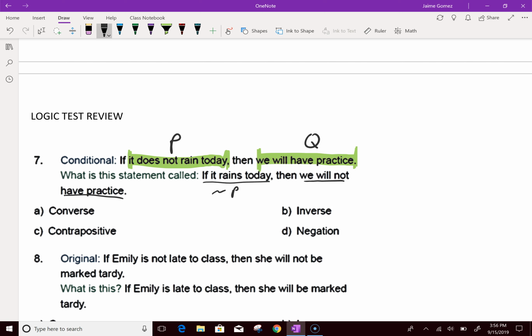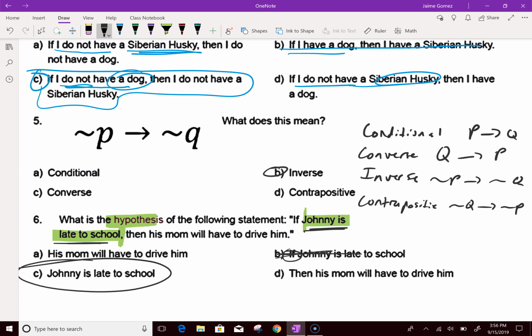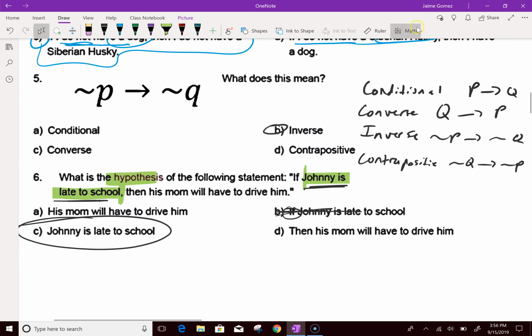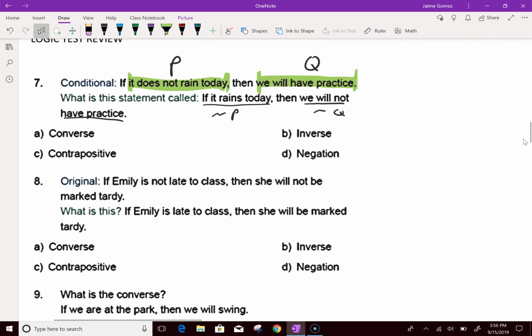If you have practice and you add the word not, that is not Q. Which one is not P, not Q? There you go. Right here. Not P, not Q. Exactly what we have here. So this would be the inverse. So number 7 would be B.